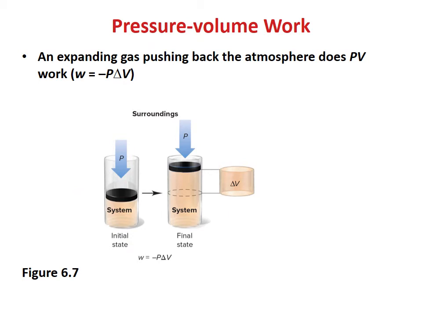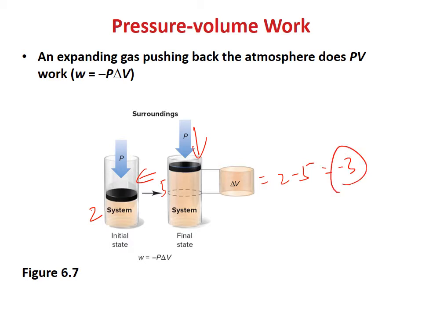What if work is done by the surrounding on the system? Suppose the surrounding pushes the piston down to reduce the volume. In this case, delta V is negative. For example, here the initial volume is 5 and the final volume is 2. So delta V is 2 minus 5, which is negative 3.